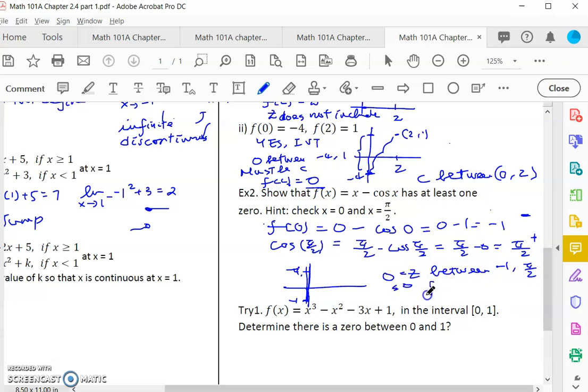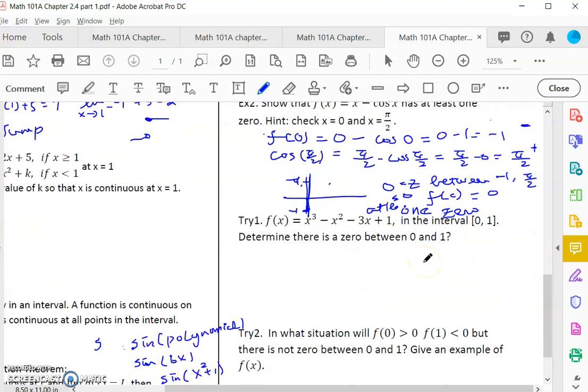So there must be a c with f of c equal to 0. That means at least one zero must exist. You cannot have a function that goes from negative 1 to pi over 2 without cutting through. At least one zero. The zero must be between 0 and pi over 2 also.